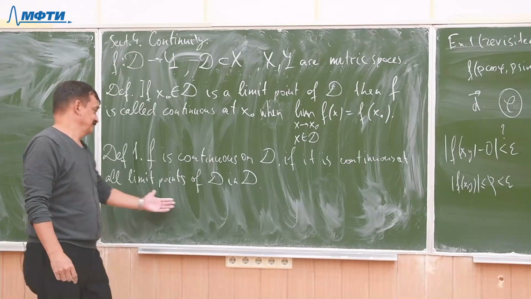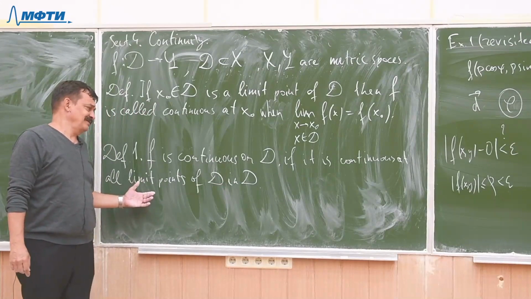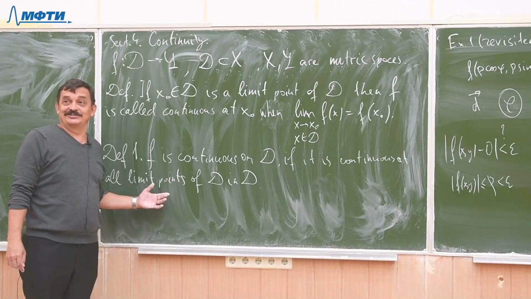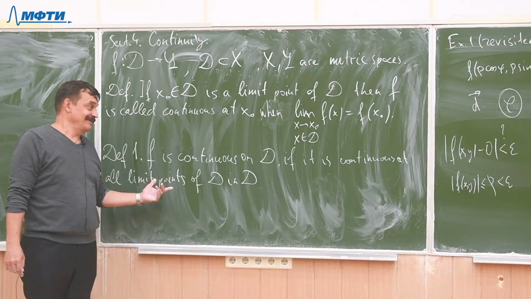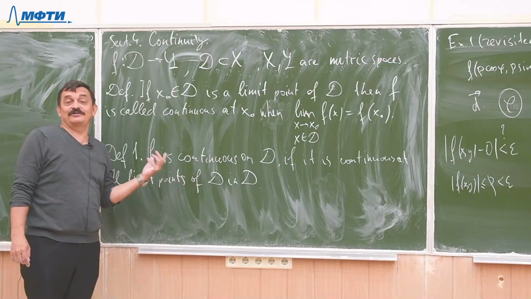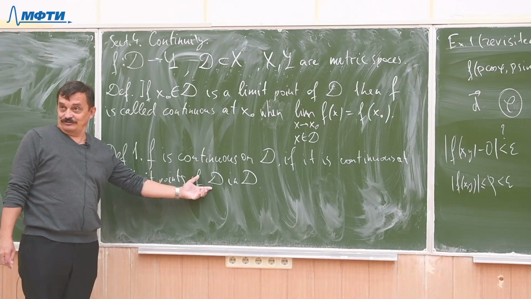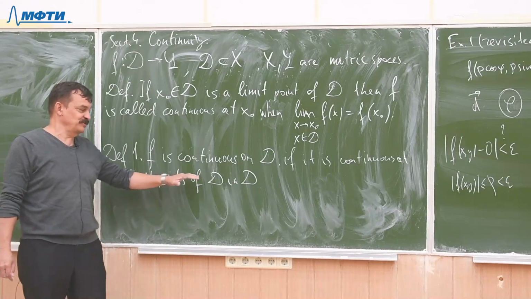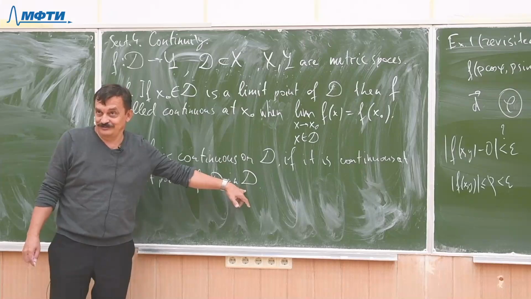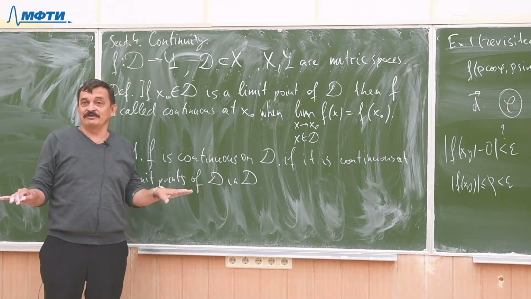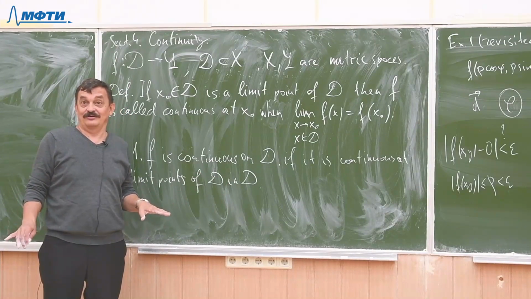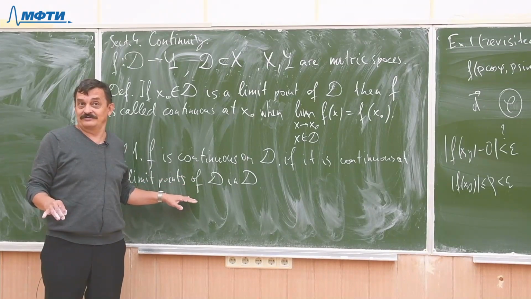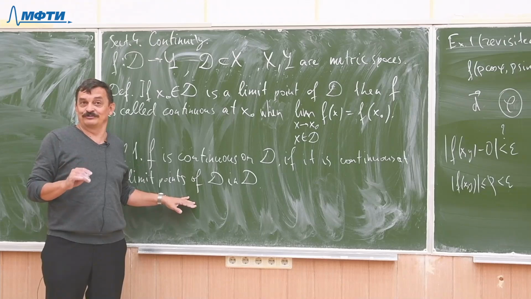Maybe it sounds not good. Limit points of D in D, why? Because limit points of D need not belong to D. But we are talking only about limit points of D which belong to D. Other limit points are not interesting. Also, we are not interested in isolated points. That's also an important observation.